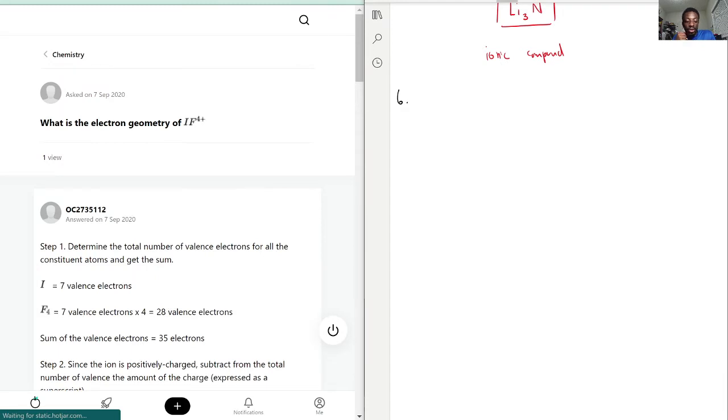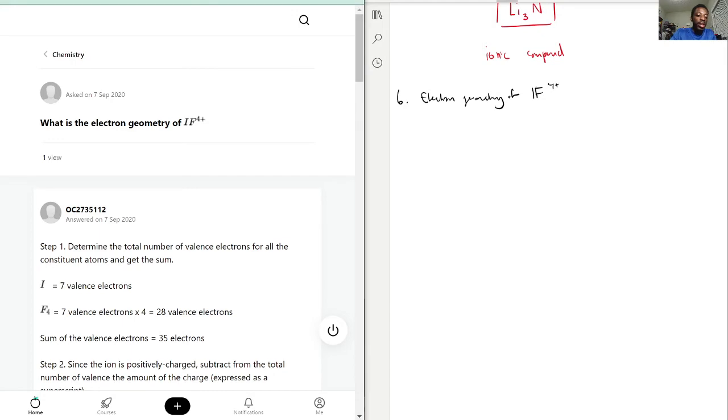What is the electron geometry of IF4? Of IF4. Whoops. IF4+, actually. Wow. That's intense. So that means whatever amount of electrons there are, we literally have to get rid of 4 of them.